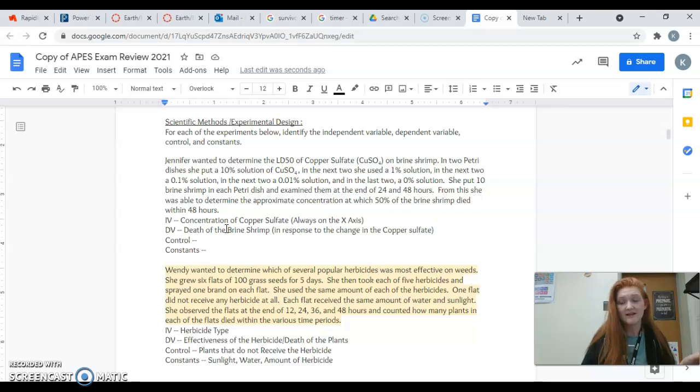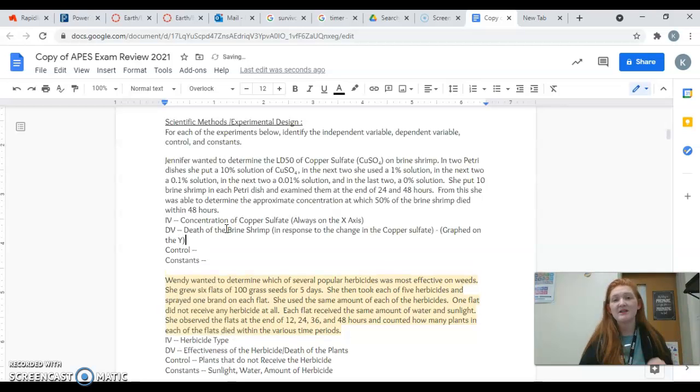And then in an example where they give you an experiment, you have to find what the experimenter is measuring. Okay, so Jennifer is measuring the death of the brine shrimp in response to the change in the copper sulfate. Okay, and this is always graphed on the y.